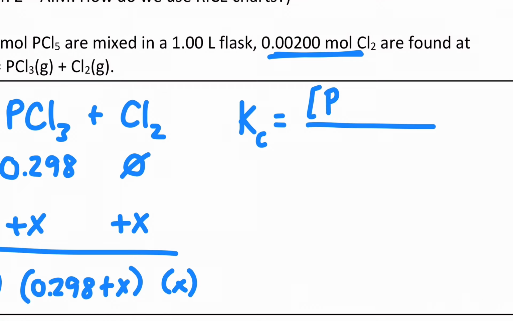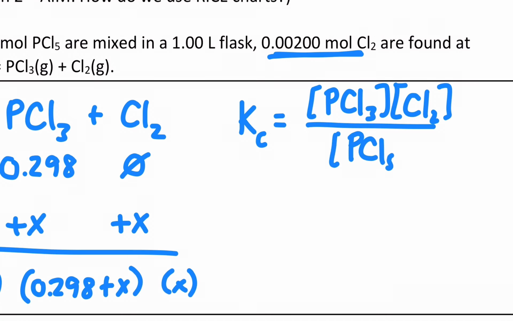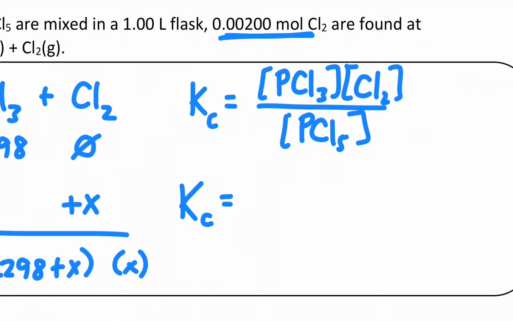It's bracket PCl3 raised to the first power times Cl2 raised to the first power all over PCl5 to the first power. And I can now substitute my expressions with my X terms.